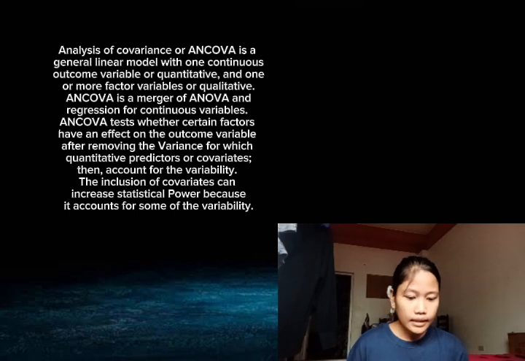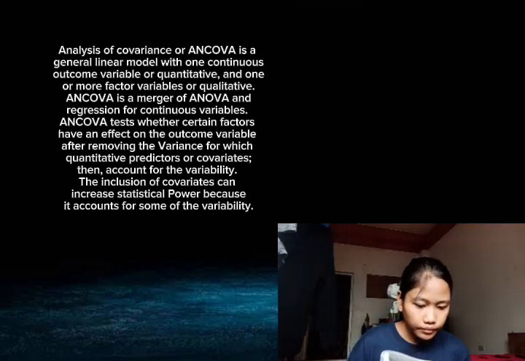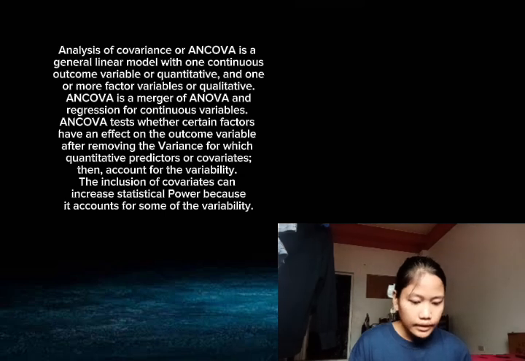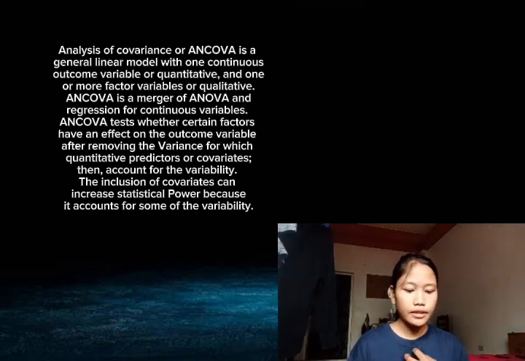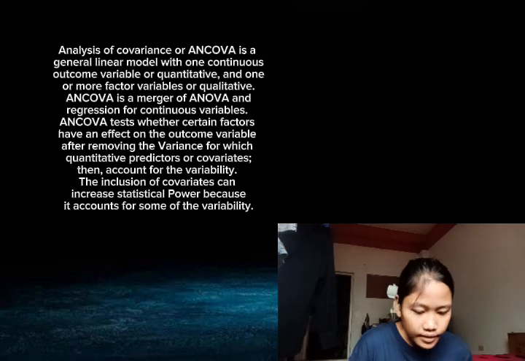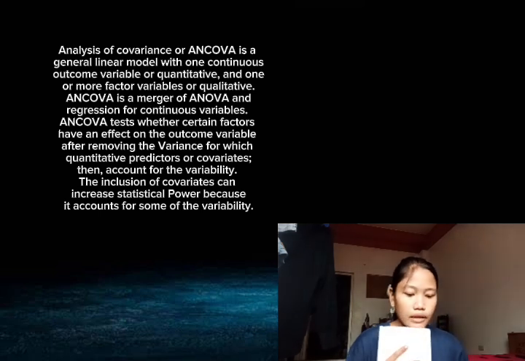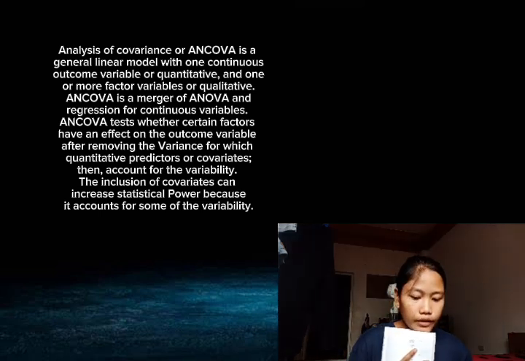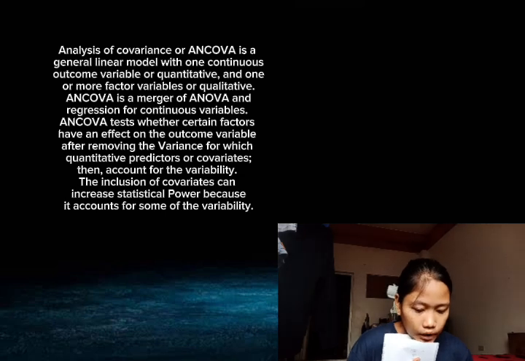In the analysis of covariance, or ANCOVA, for example, researchers are interested in comparing the IQ scores of males and females. However, they want to consider the impact of another variable on this score.